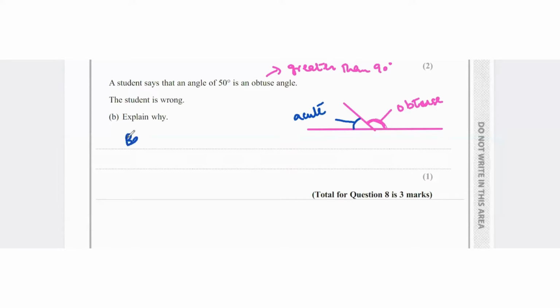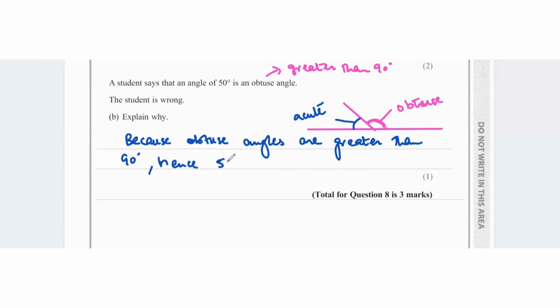Student is wrong because obtuse angles are greater than 90 degrees. Hence, 50 degrees is not an obtuse angle. It's actually an acute angle.